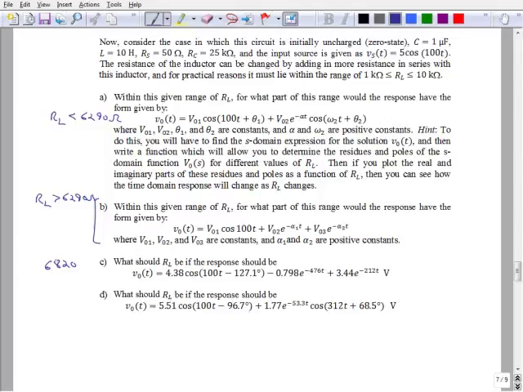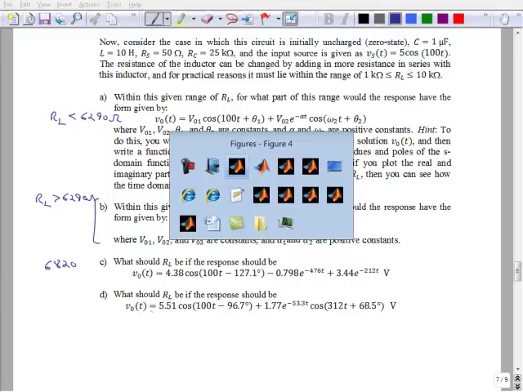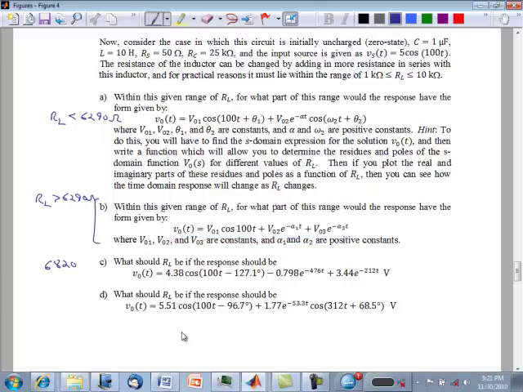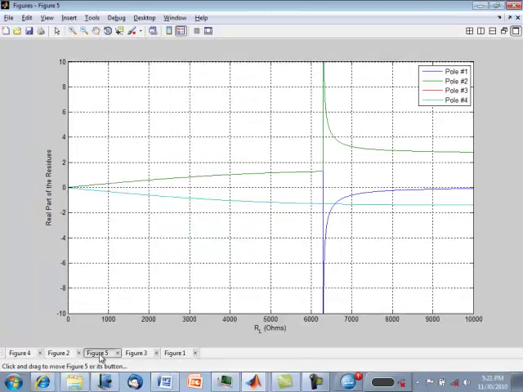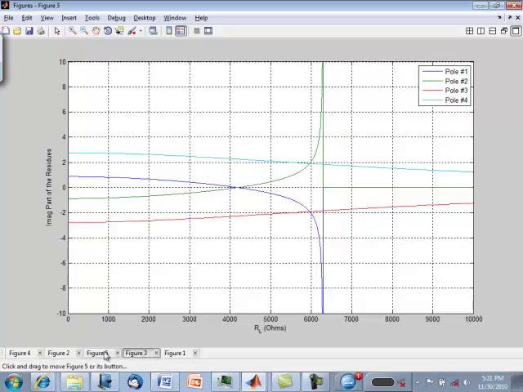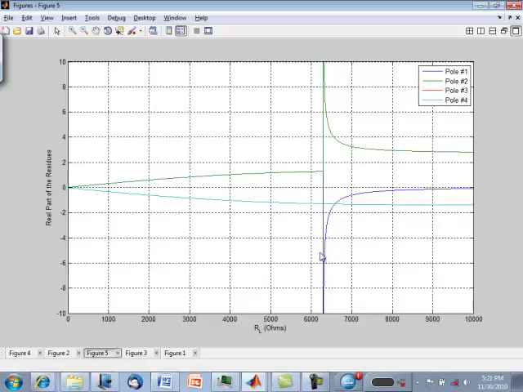So we have this 3.44 and this minus 0.8 as a result. This seems to be the right value of RL. Similarly, we could look for the same thing and see the value of RL for the second case.